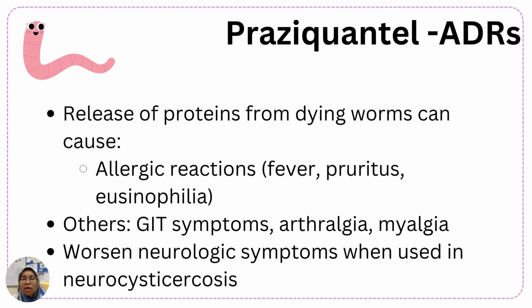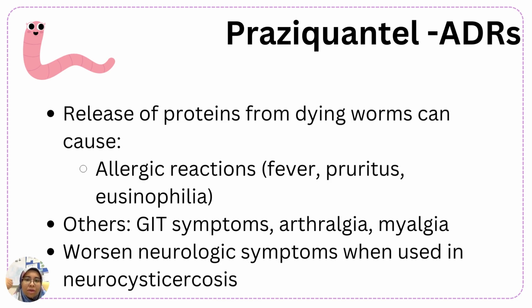So you get all the allergic reactions: fever, pruritus, urticaria, eosinophilia and so on. Other adverse reactions include GIT symptoms, the usual ones you like to mention in adverse effects whenever there's an exam question, as well as arthralgia and myalgia.